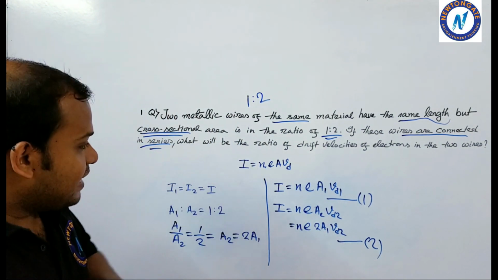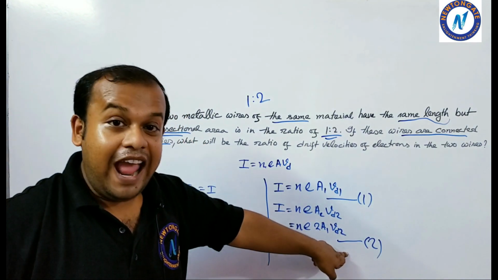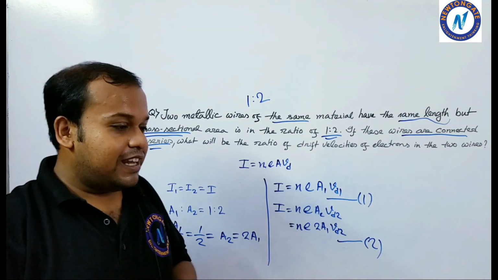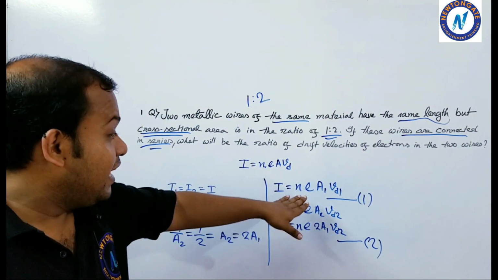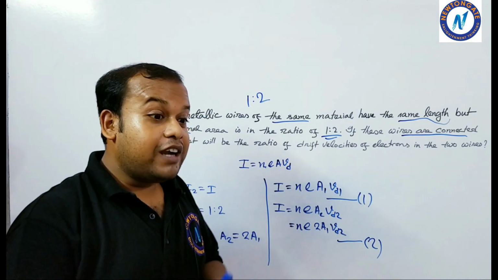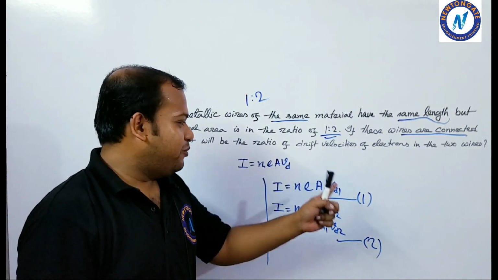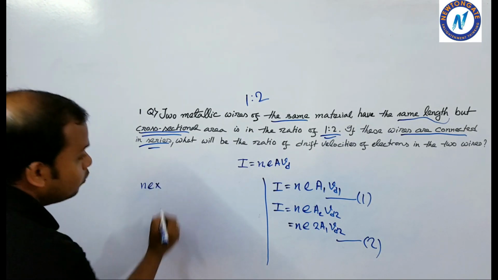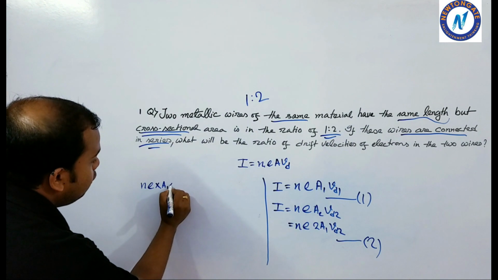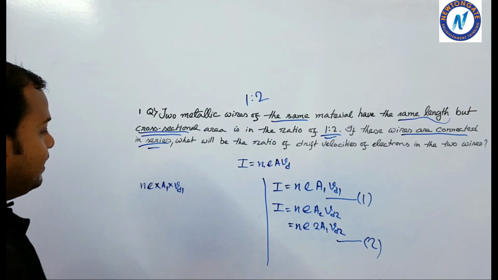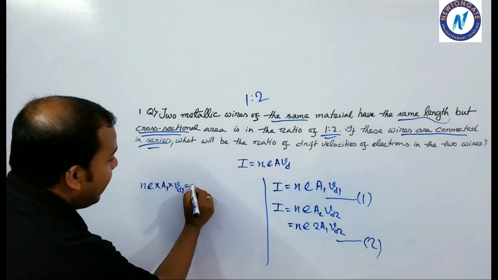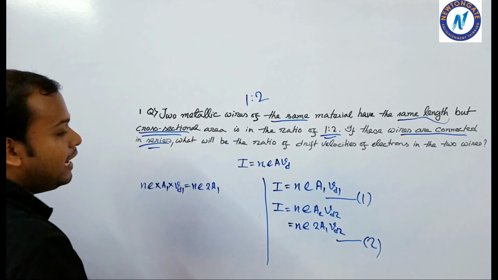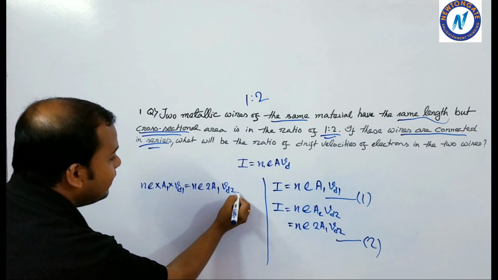Both equation 1 and equation 2 are basically the same, so we can equate these two equations and see what result we get. From equation 1, N into E into A1 into VD1 is equal to N into E into twice of A1 into VD2.